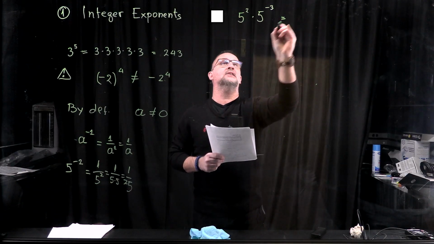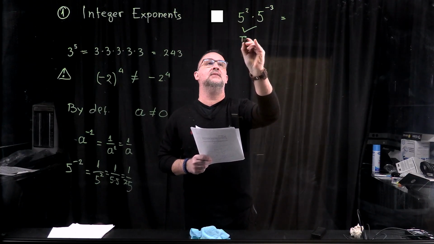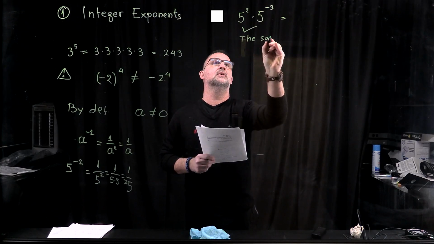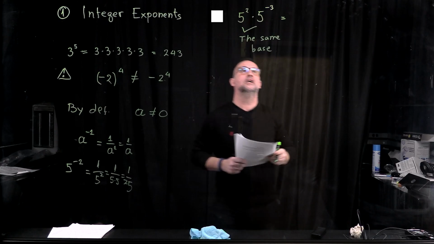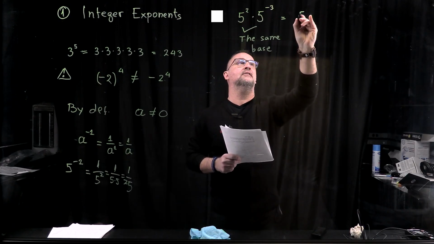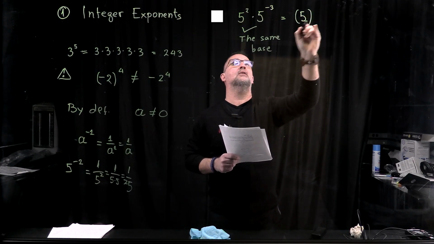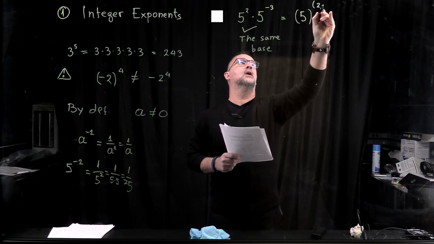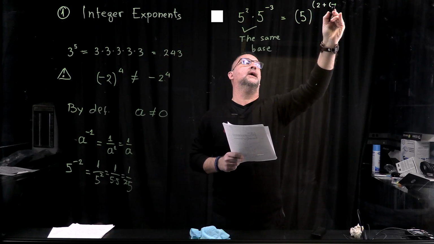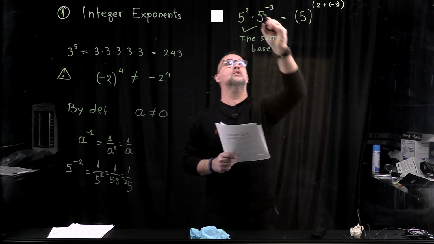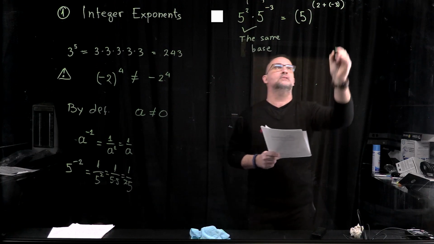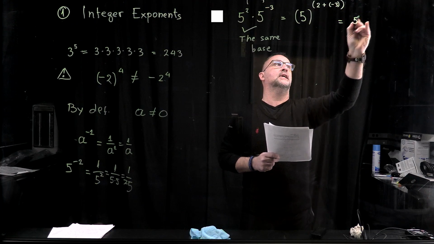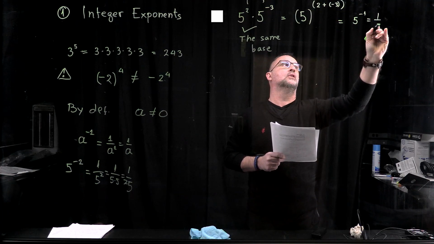As long as you have the same base, in other words 5 and 5, you can always write 5 raised to the power of 2 plus -3. In other words, we're adding the 2 exponents, and this ends up in 5 to the -1, or 1 over 5.